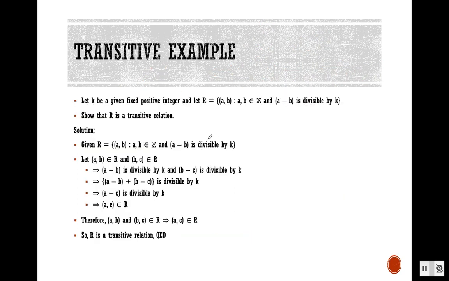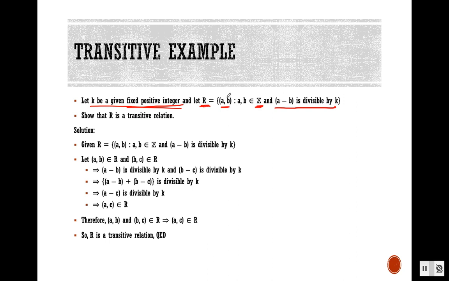So let's see one example, one relation R. Let k be a given fixed positive integer, and R is a relation where we have the set of ordered pairs (a, b) belonging to the integers, and a minus b is divisible by k.